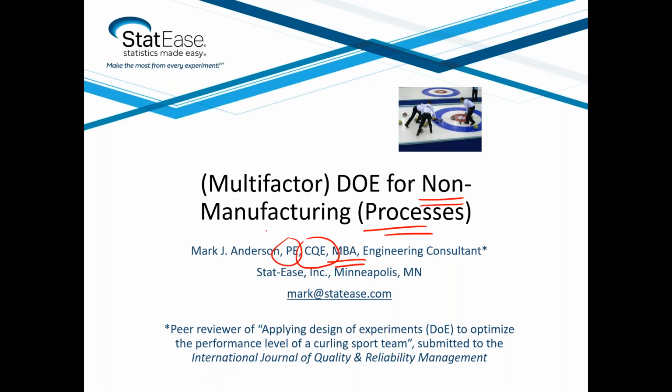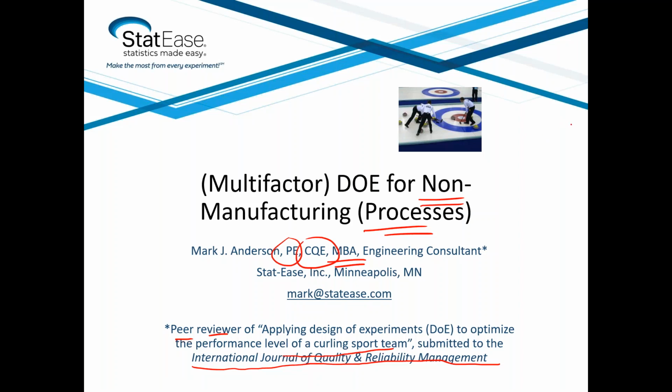Interestingly enough, as I was preparing for this presentation, I was asked to be a peer reviewer for a very far off from normal application for DOE, which is applying it to the performance level of a curling sport team. This was submitted to the International Journal of Quality and Reliability Management.